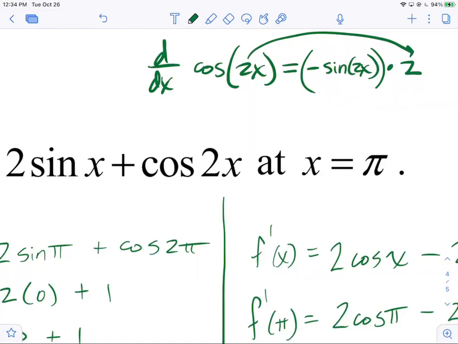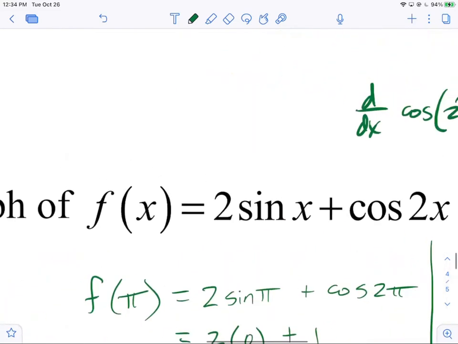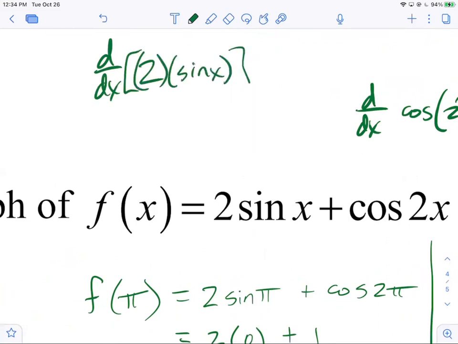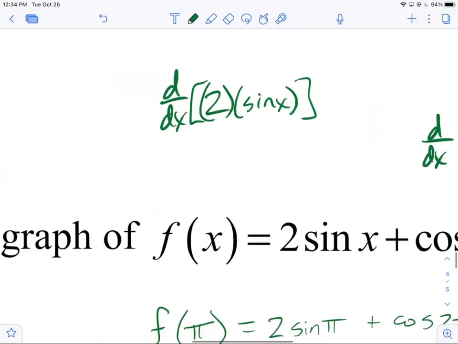You did the product rule on the first one? Yeah, let's talk about that because I saw several people do the product rule. Here, if we got 2 times sine of x, if you want to elevate 2 to its own function status, you can, and you can do the product rule, right? Product rule, 2 factors, you're going to have 2 terms.